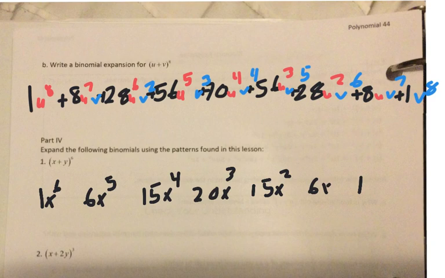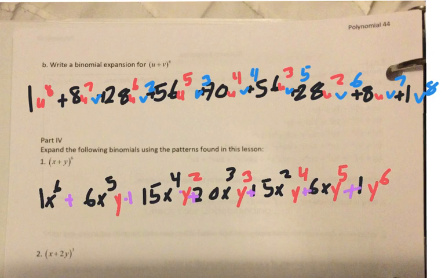I'm going to have y to the 0, y to the 1st, y to the 2nd, y to the 3rd, y to the 4th, y to the 5th, y to the 6th, and then plus signs between them all. So you can see I kind of ran out of space. Hopefully it's a little bit easier for you guys on paper.